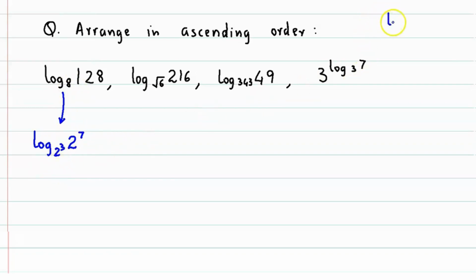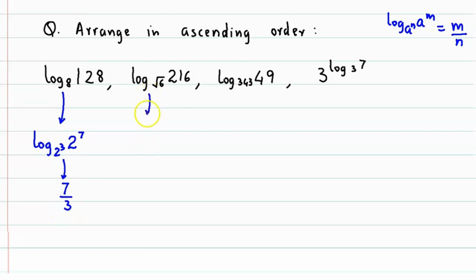Now we know that log of a raised to m, और अगर बेस में है a raised to n, then this becomes m upon n. So remember, log of a raised to m to the base a raised to n is equal to m by n. तो यहाँ पर m है 7 और n है 3, तो इसकी वैल्यू हो जाती है 7 by 3.